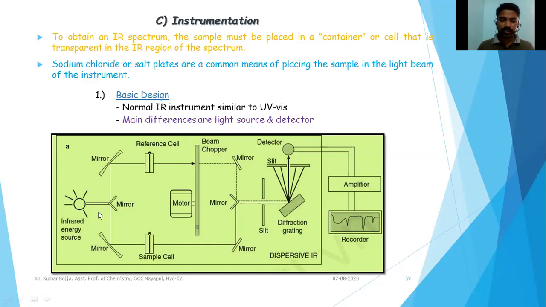Let us discuss those sources. There are three types of sources; of course many sources exist, but in our syllabus we have these three: Nernst glower, globular filament, and incandescent light. Now let us look at how a source has to be. It must exclusively produce the infrared region of radiation.